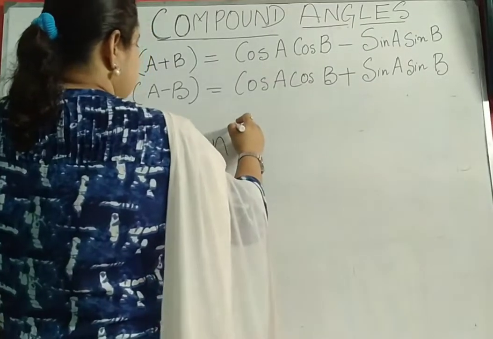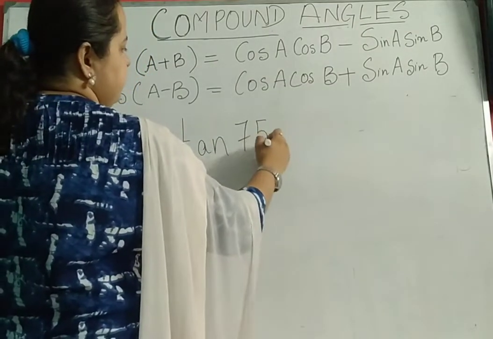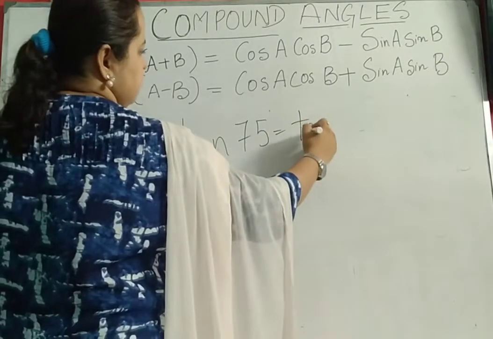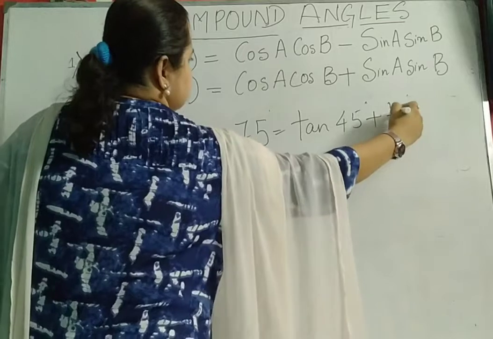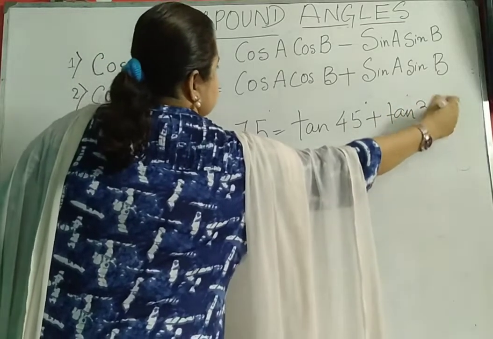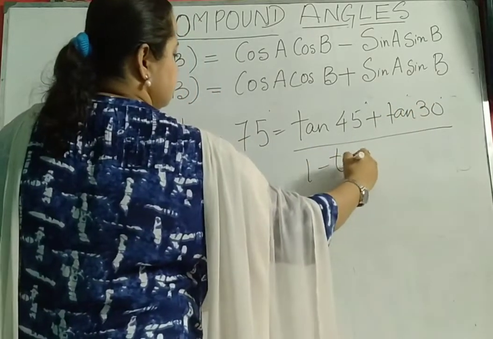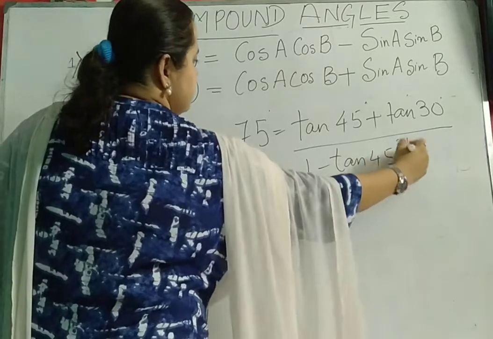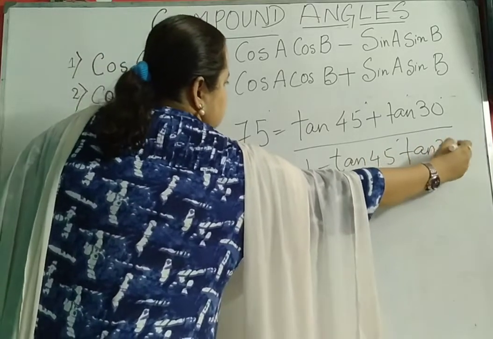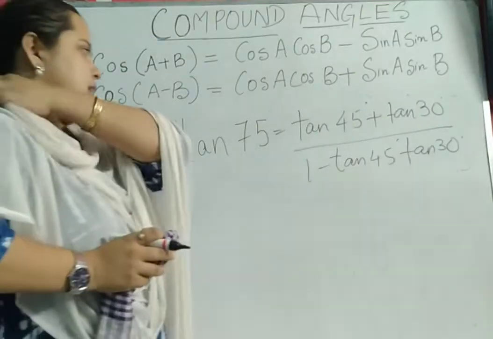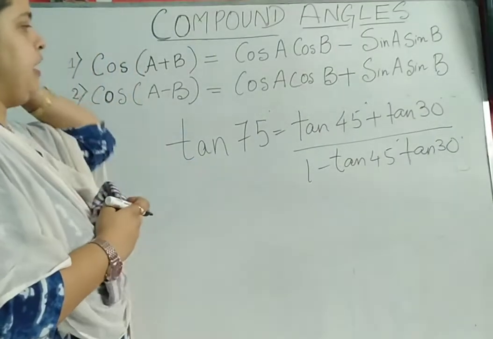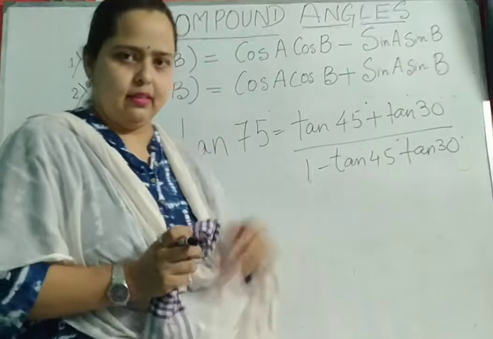See, tan 75 can be written as tan 45 plus tan 30, 1 minus tan 45 into tan 30.